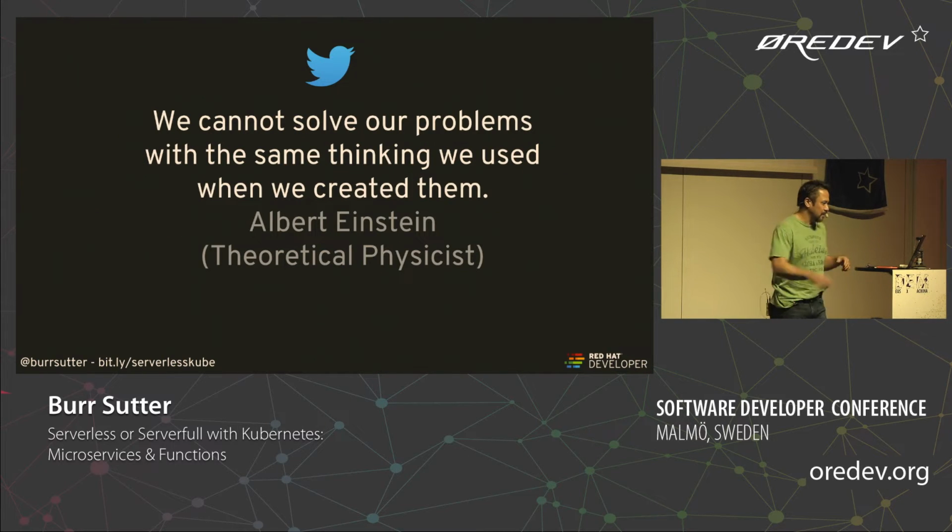I love this quote from Mr. Einstein here. We can't solve the problems with the same thing we used to create them. And you're probably always wondering, when you look at this new stuff, like in the case of serverless, isn't this something I already did? And the answer is yes. We repeat ourselves every couple years. That's what we do in this industry. With microservices, you're looking at that going, isn't that like SOA? Sure. And someone's going to look at this and go, isn't this like CGI from the mid-90s?